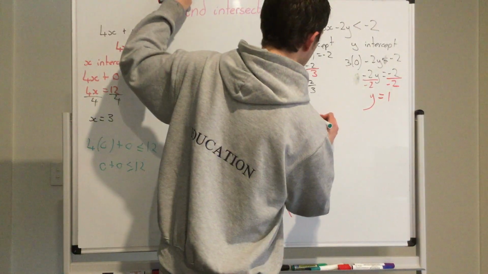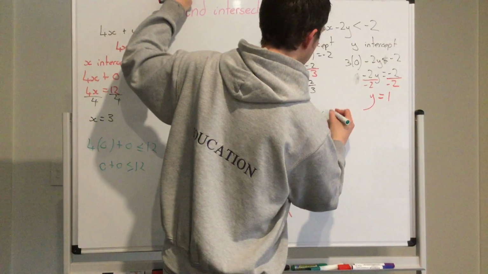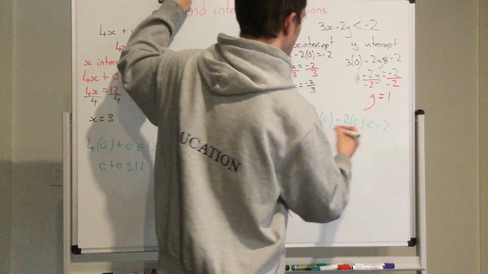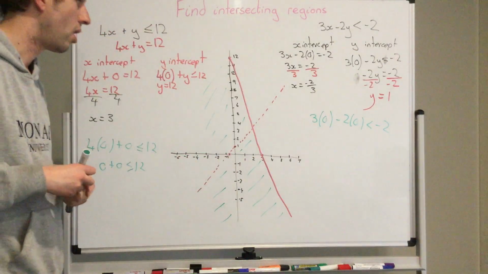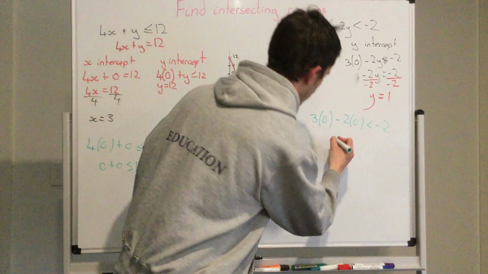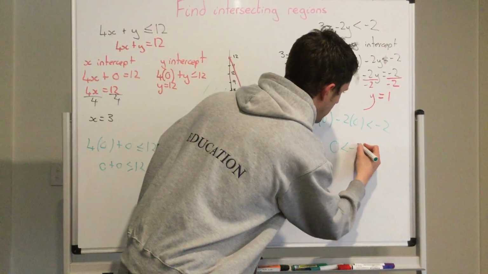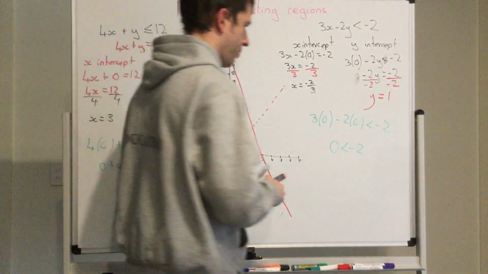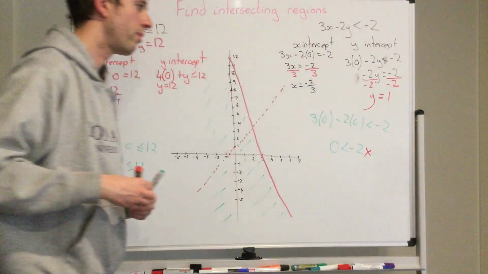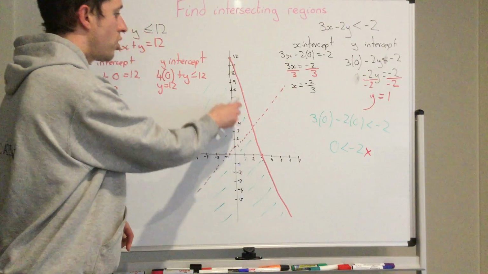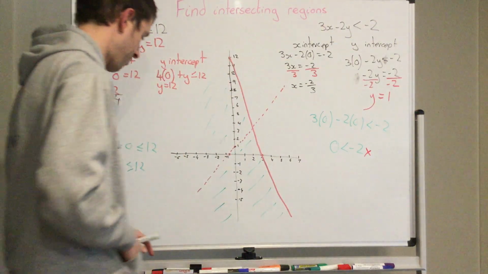So 3 times 0, take 2 times 0 is less than -2. 3 times 0 is 0, take 0, 0 is less than -2. That is not true. So because it's not true, we need to shade in the top half.